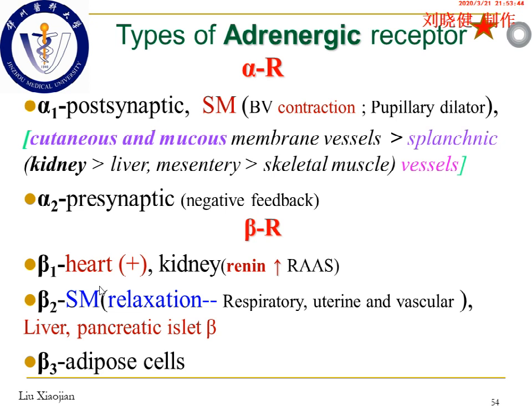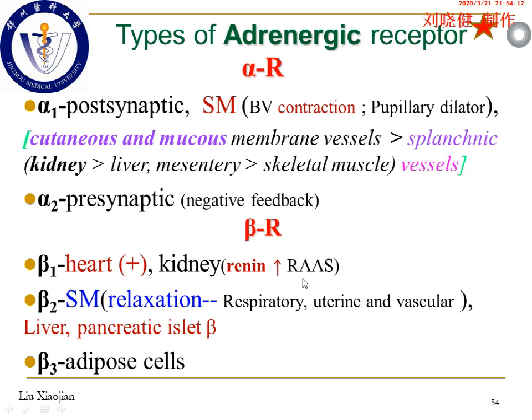And it is also located in the kidney. Once it is activated by epinephrine, it often induces renin release. You know, renin is the first substance in the RAAS. Do you know this abbreviation? Renin, angiotensin, aldosterone system.